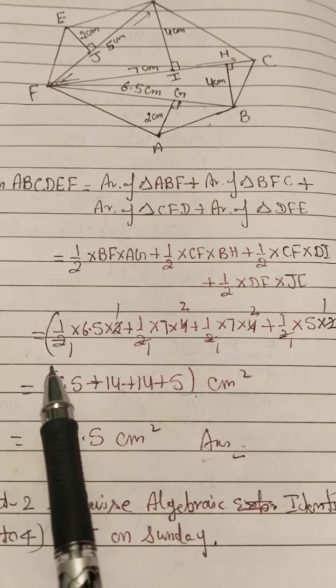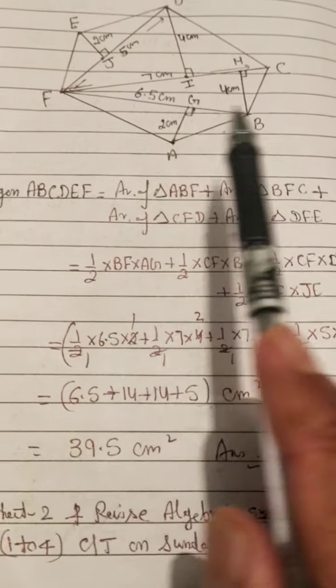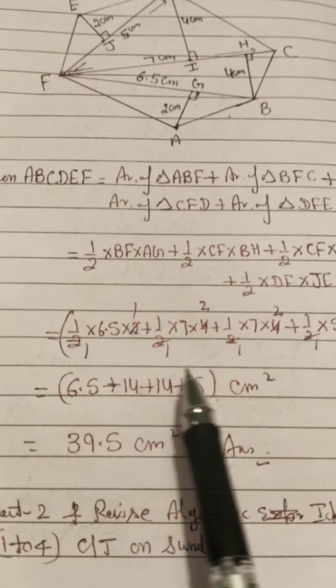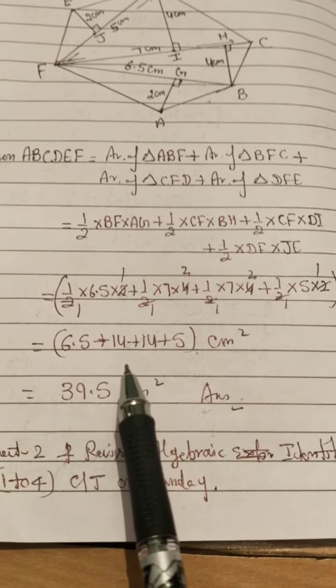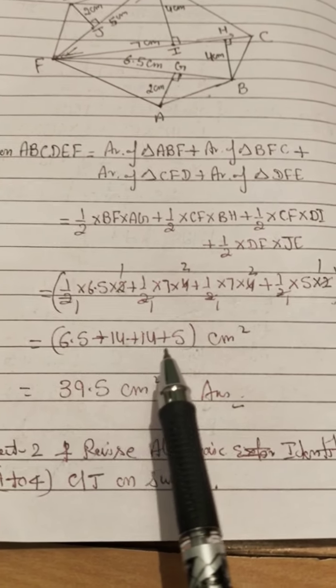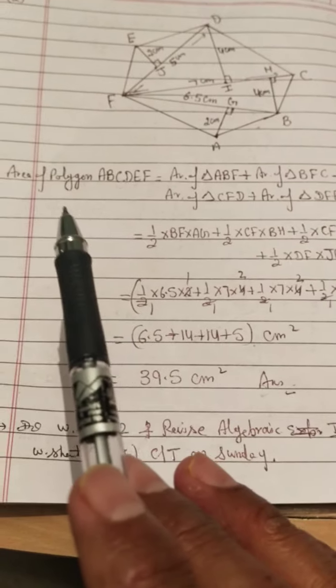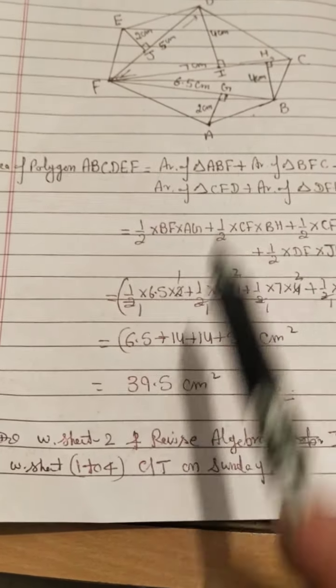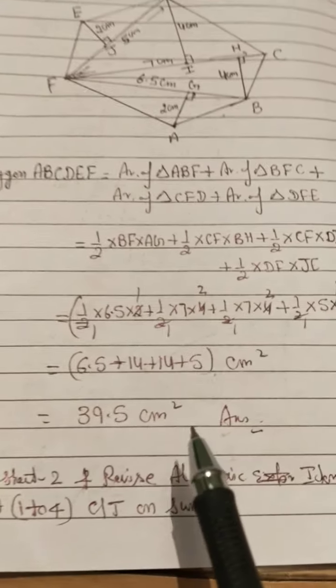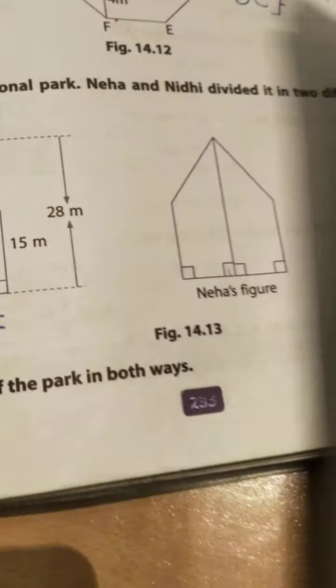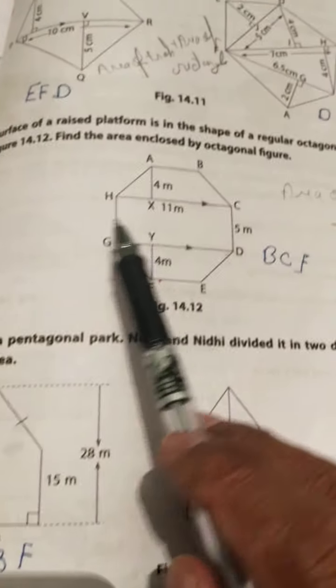Substituting the values of base and height, this is equal to 6.5 plus 14 plus 14 plus 5, 28, 33, 39.5. So area of this polygon ABCDEF is equal to 39.5 square centimeter. In this way you can solve this worksheet 2.